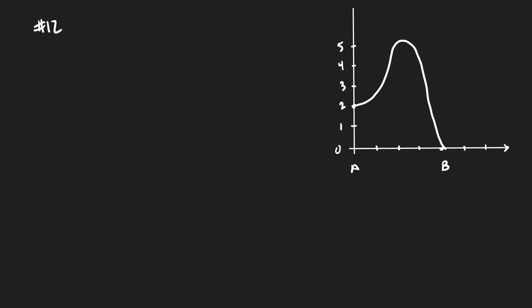So at point A, the object has 2 joules of energy. To get to point B, it will need to get over this point here, which means it'll have to have enough speed to get past there, which means it'll have to have 5 joules of energy.